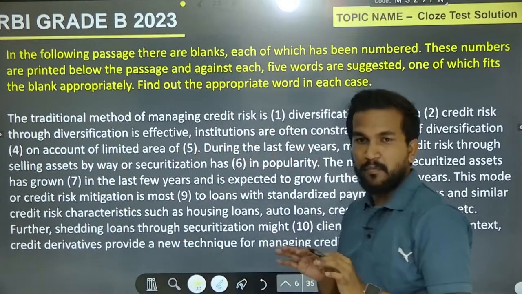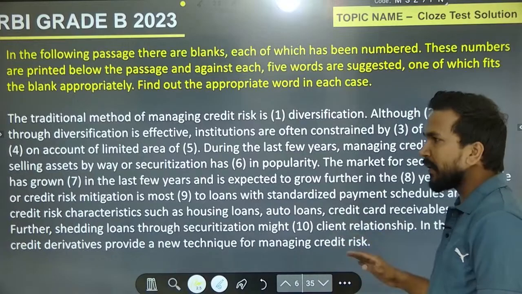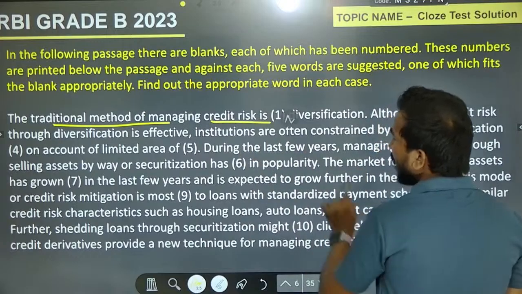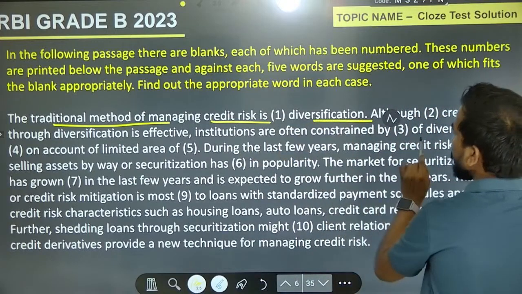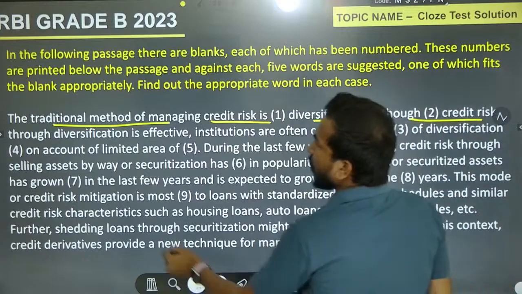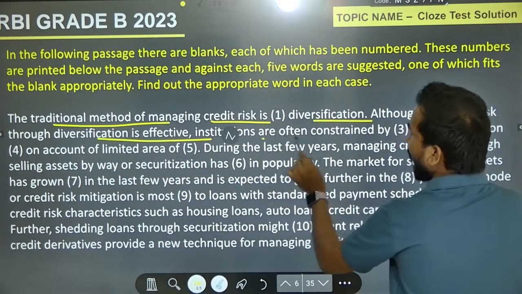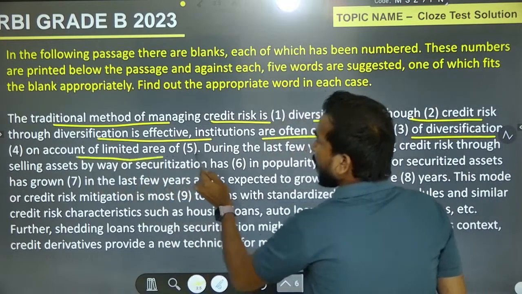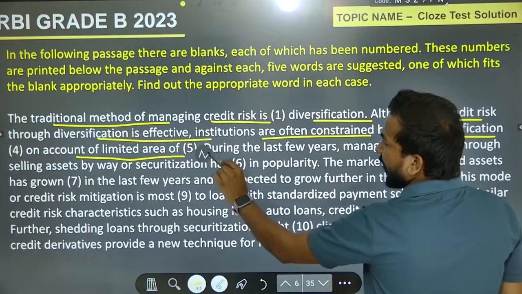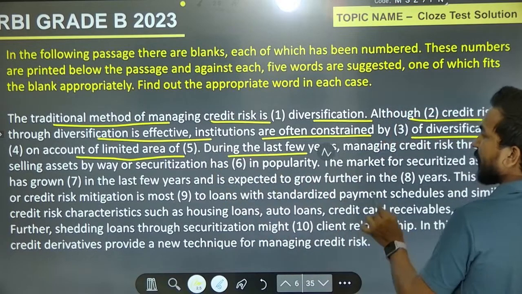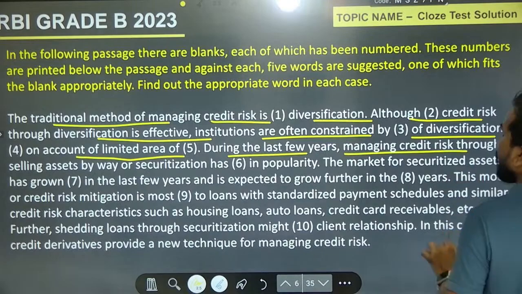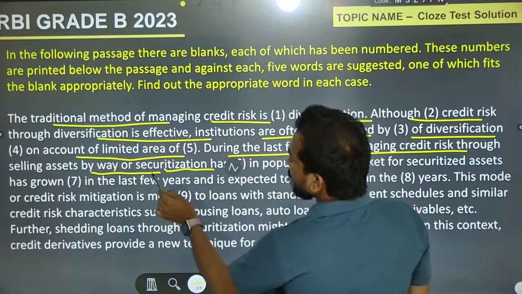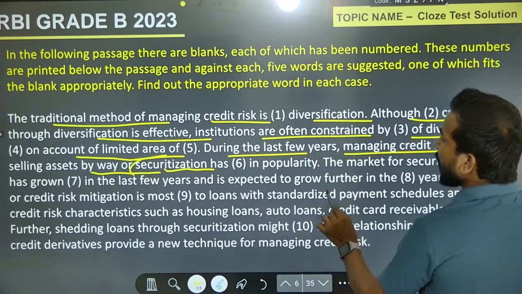What is the main theme? What is the complete passage about? The traditional method of managing credit risk is blank diversification. Although credit risk management through diversification is effective, institutions are often constrained by blank of diversification, blank on account of limited area, blank limited area of blank. During the last few years, managing credit risk through selling assets by way of securitization has blank in popularity.